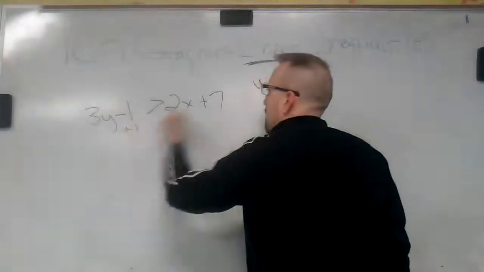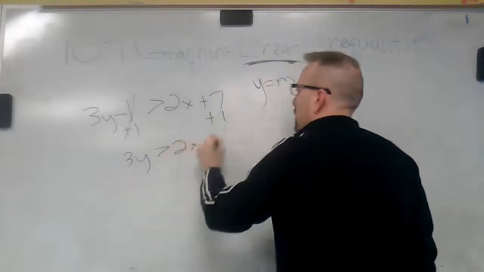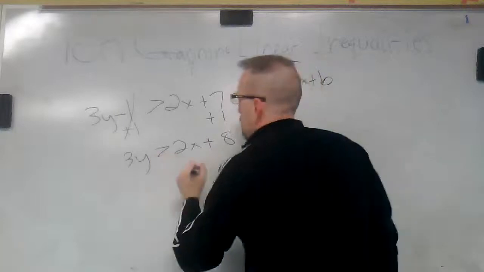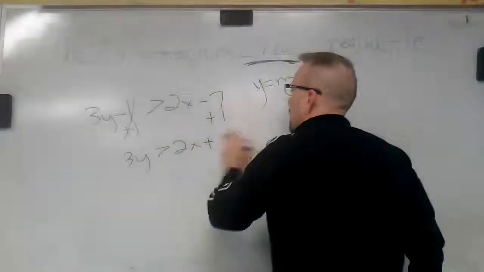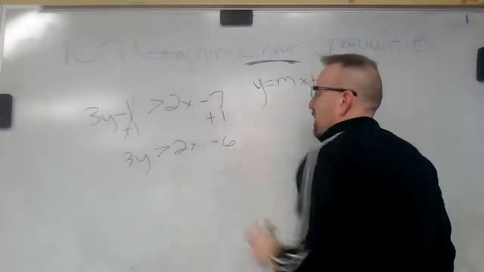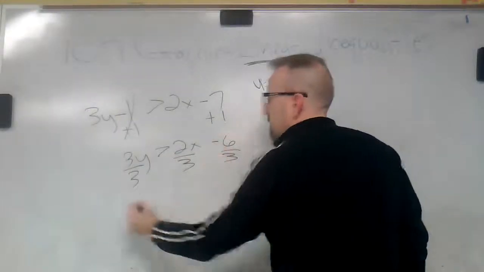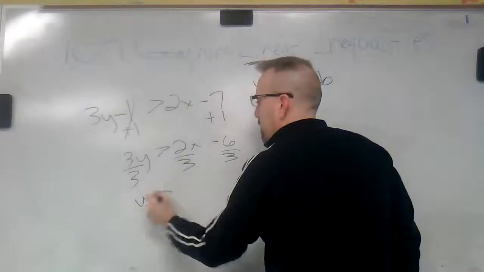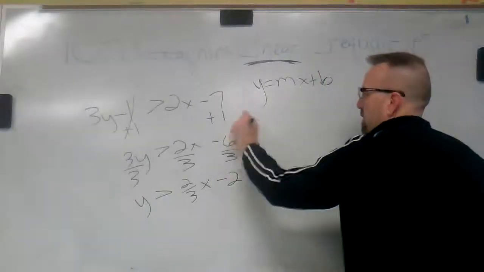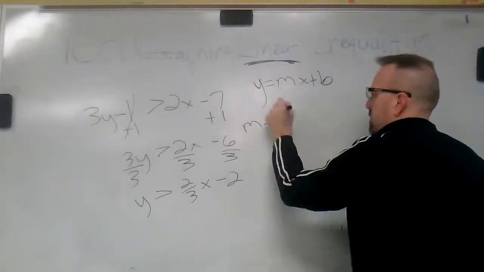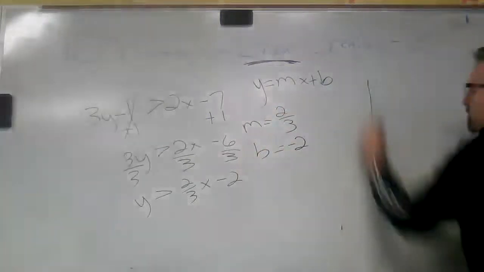Plus 1 under our constant terms. So 3y greater than 2x plus 8. That gives us nicer numbers, so that gives us negative 6. Divide by 3. That was positive, so we do not flip our sign. y greater than 2/3 x minus 2. So m, what is our slope? 2/3. b equals negative 2. So our y-intercept is negative 2.